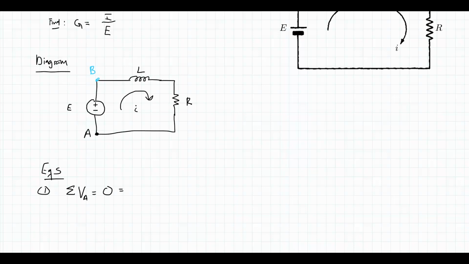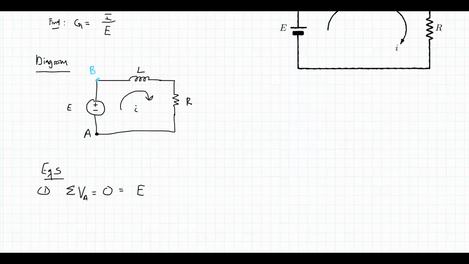If I go from A to B, to get there, I have to cross over a voltage source. And in the direction I'm traveling from A to B, I'm going from the negative terminal to the positive terminal, which means that in my equation, I'm going to account for that voltage as an increase because I'm adding voltage as I go from A to B. And that's because I go from the negative terminal to the positive terminal. So that is going to be a positive E going into my equation.